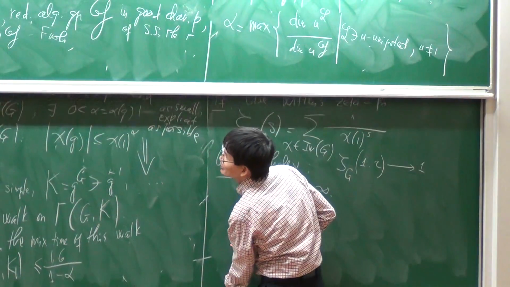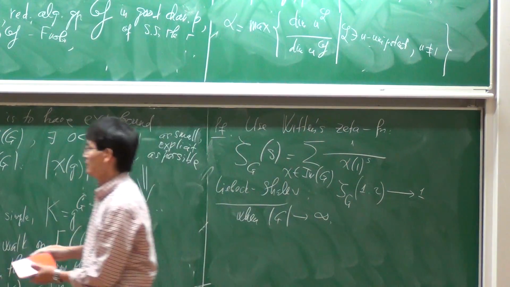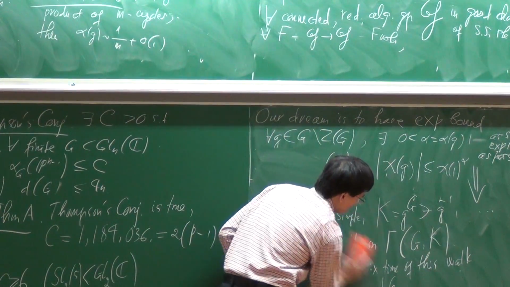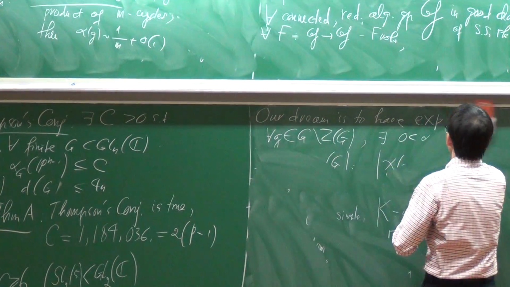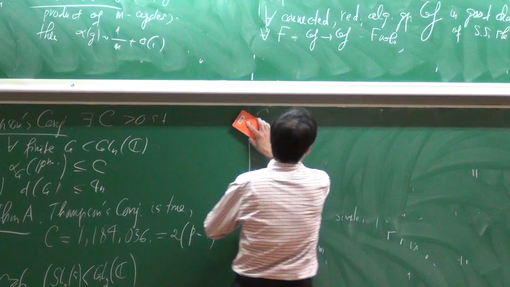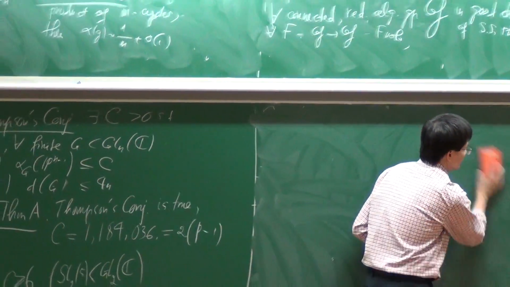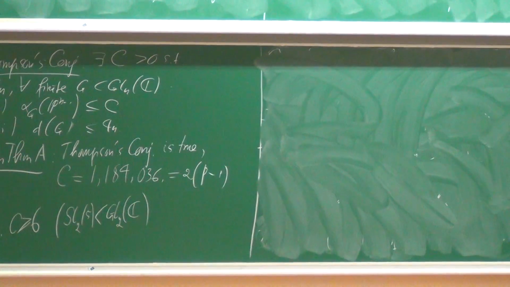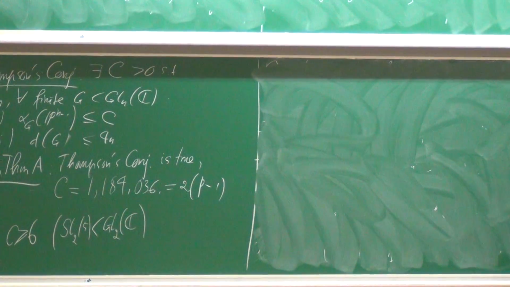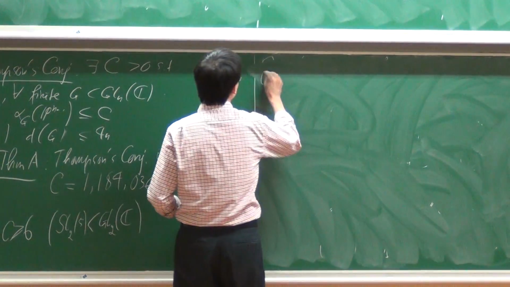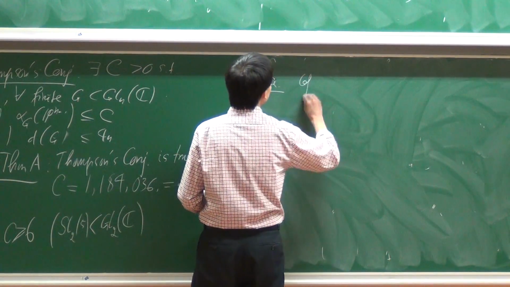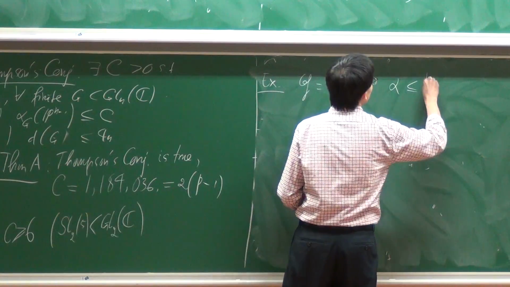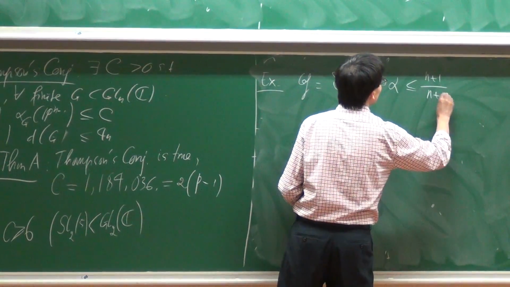So let me just give you two examples. What is alpha here? Example: if G is SL_n, the value of alpha is n plus 1 over n plus 2.